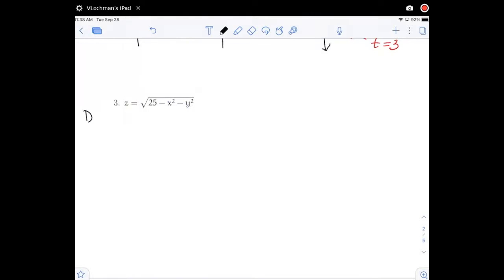What is the domain of this function? So we just briefly talked about the domain on the previous page, right? So how do we find the domain of this function?